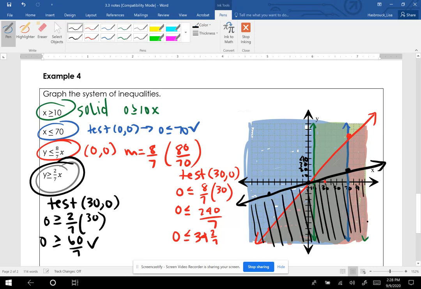And then when we do this, the final part that's overlapped the most with all the colors, so the portion that is overlapped completely with all 4, is this section right in here.